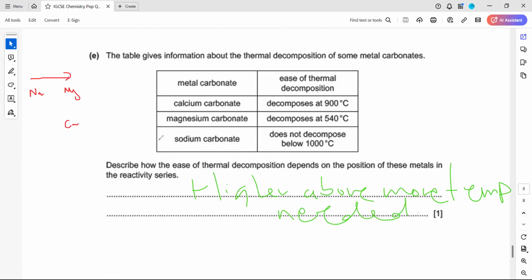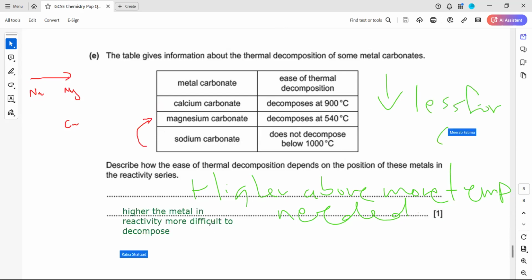When you compare sodium with magnesium, what happens to the thermal decomposition? It is less stable, or it can decompose easily.